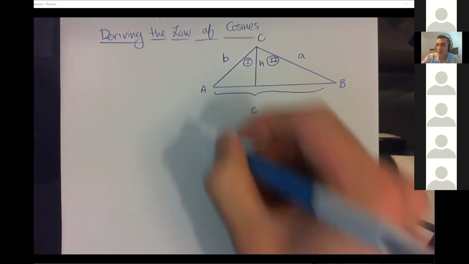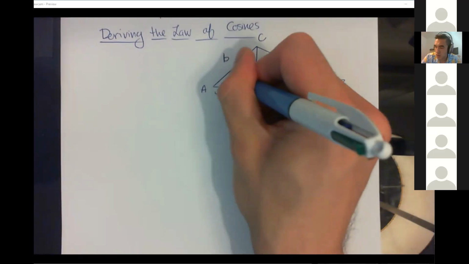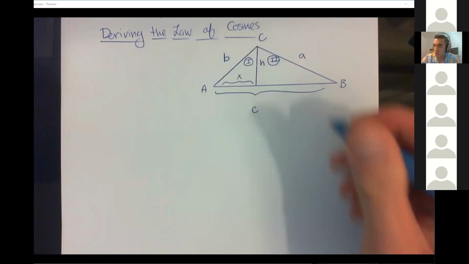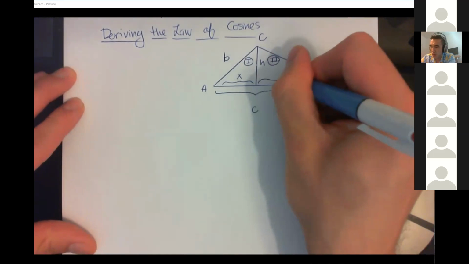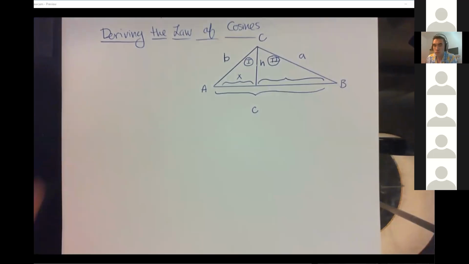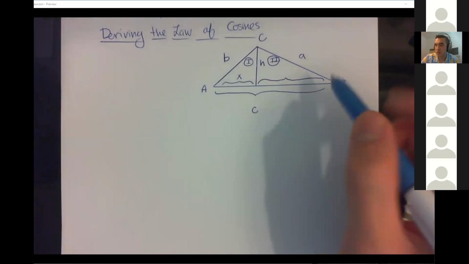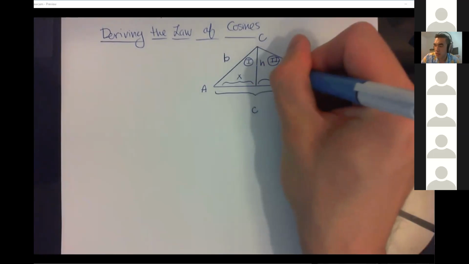I'm going to call this length on the inside x. So logically, what does this other length have to be? C minus x. On the right-hand side, this length necessarily has to be C minus x.